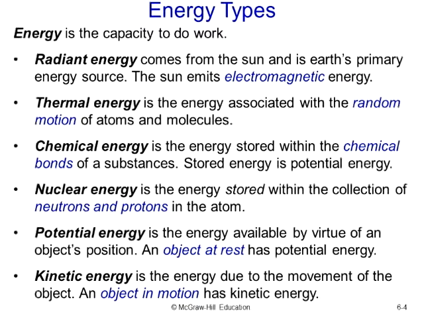Chemical energy is the energy stored within chemical bonds of a substance. Stored energy is potential energy. In other words, there's potential energy in the food you eat, in that potato, in that vegetable, in, if you're a meat eater, that meat, in the grain.